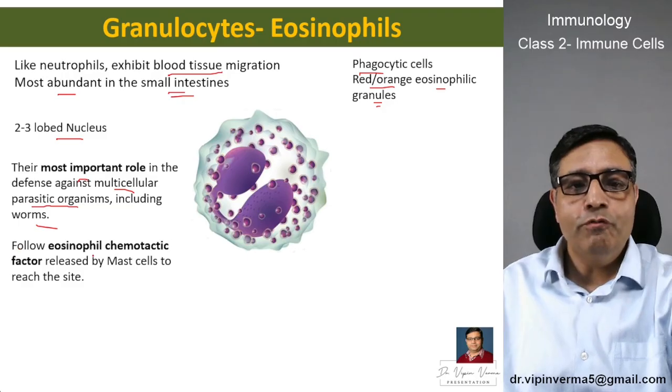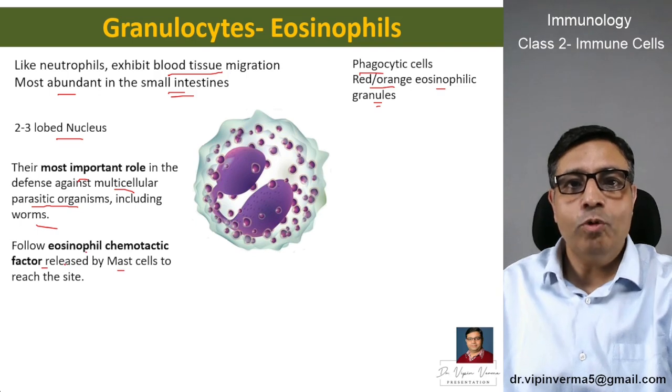They follow eosinophil chemotactic factor, which is released by the mast cells, to reach the sites, because mast cells are already there and they have granules containing not only histamine but also certain factors, like the eosinophil chemotactic factor, and they follow the path and reach the site.